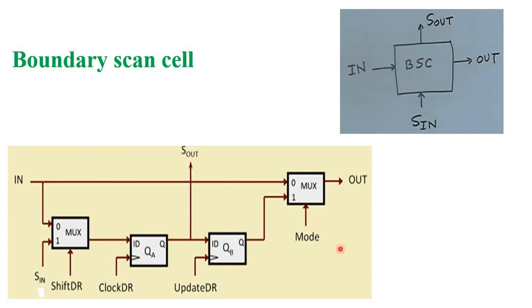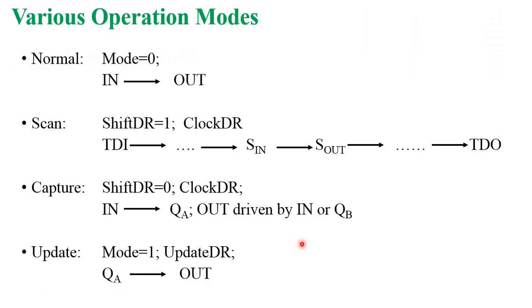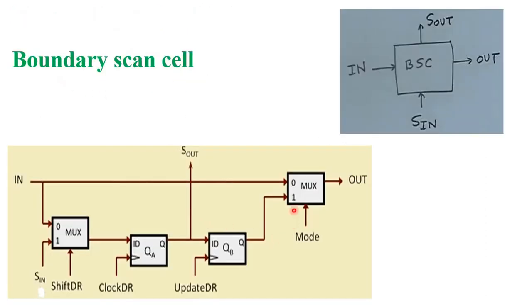First, see what modes are present in the boundary scan cell. Mode of operation: if mode is 0, the signal is sent from in to out, and that is called the normal mode. Next one is called the scan mode.